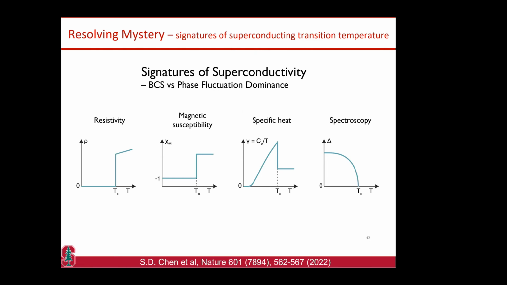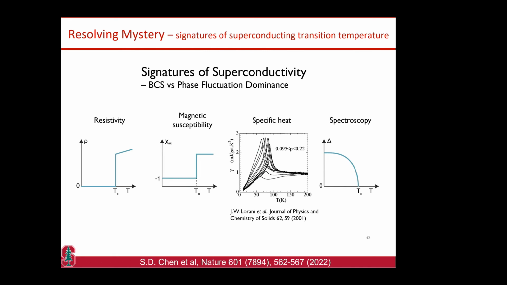So at least within the BCS regime, we have zero resistance, we have the Meissner effect, we have the specific heat anomaly, which is associated with the order parameter gap delta, which sets in at TC. Now, all this, of course, was seen right at 96, and this was also seen by John, Roland, and Jeff Talon a long time ago.